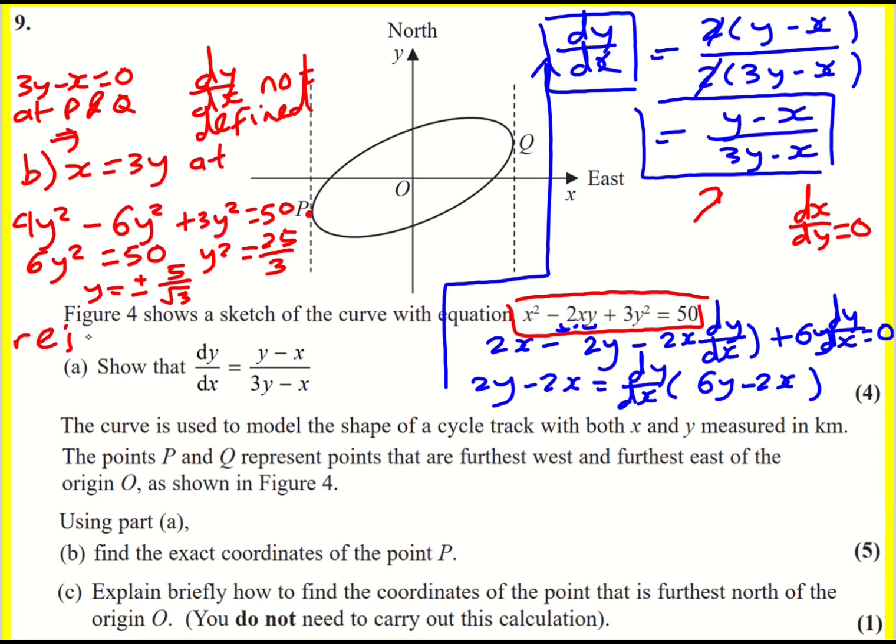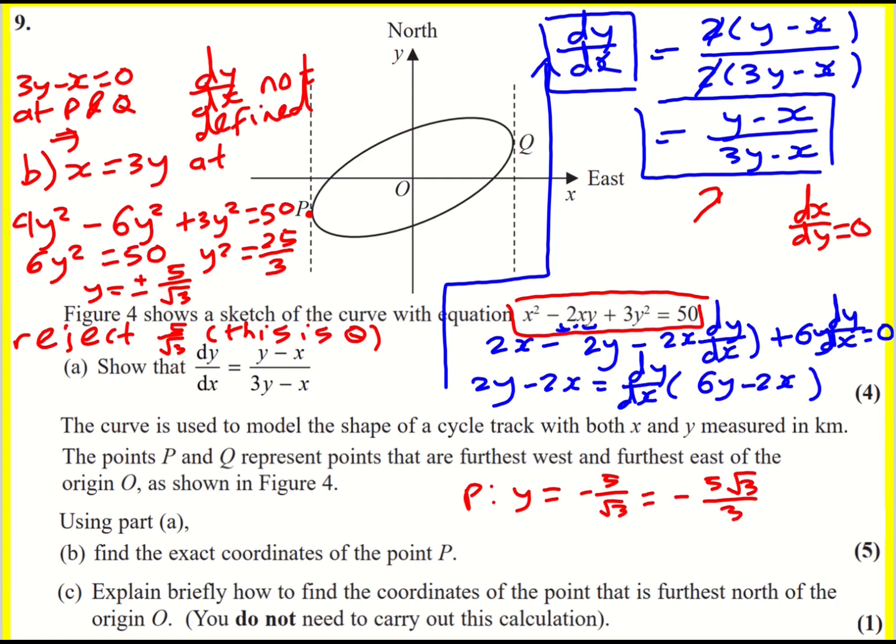So I'm going to reject 5 over root 3 and just say this is Q. And therefore for P, we've got y is minus 5 over root 3. You could also rationalize the denominator and write it as 5 root 3 over 3.